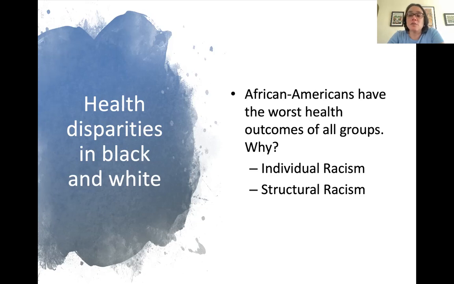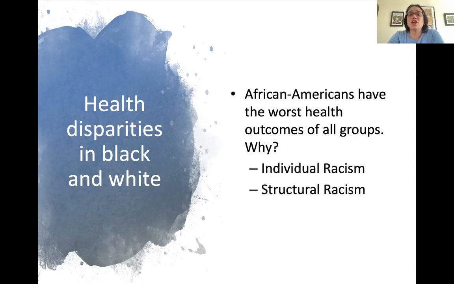Individual forms of racism also. There are a number of studies, and just anecdotally, where people have shared where doctors feel uncomfortable touching African Americans, right? And so that is a problem, right? If you're going to examine an African American person in a clinic, you have to feel comfortable with that person and be able to build a rapport of comfort and trust with that individual.